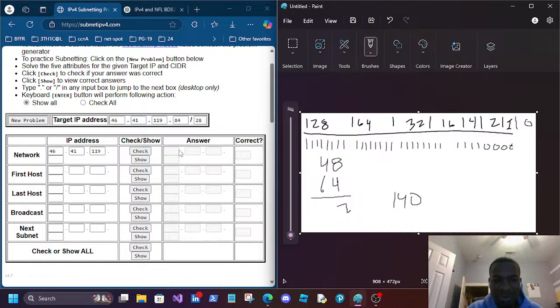I don't know if this is right though. Network. I think this should be right though. I don't know for sure. Let's see.